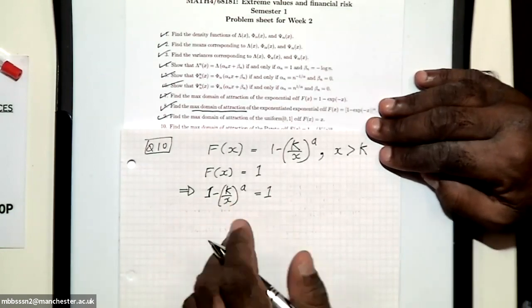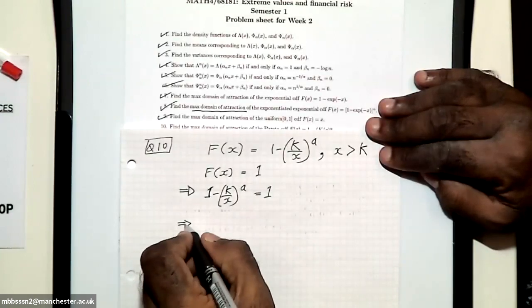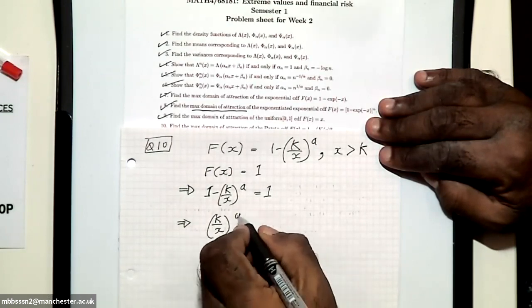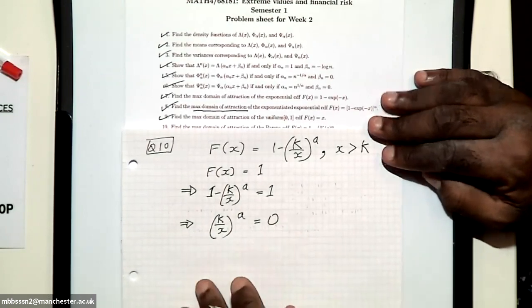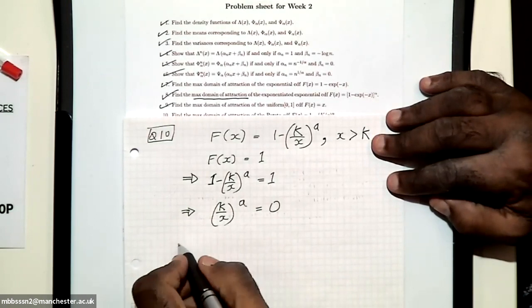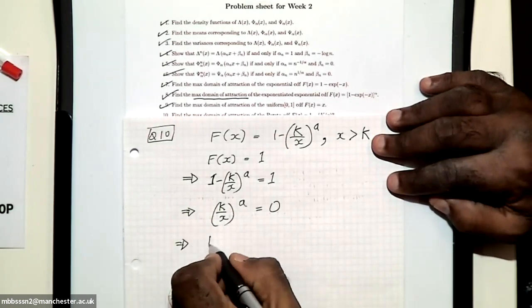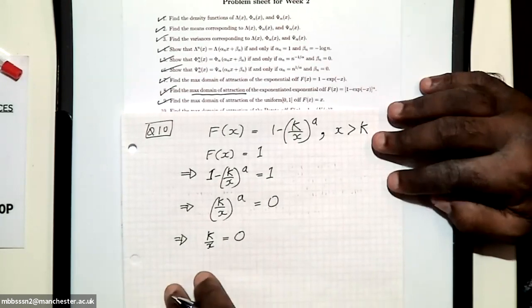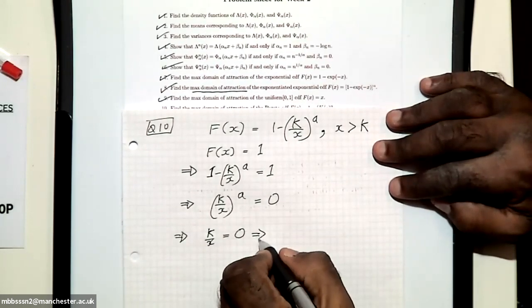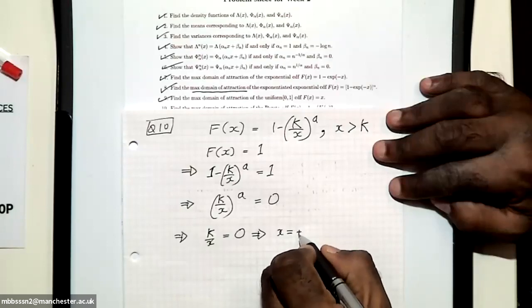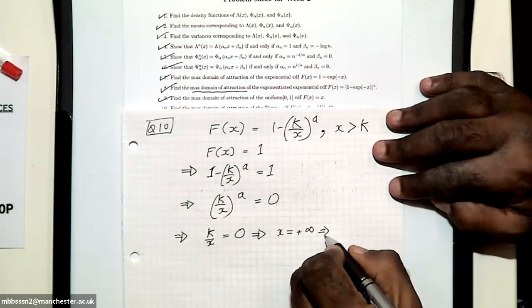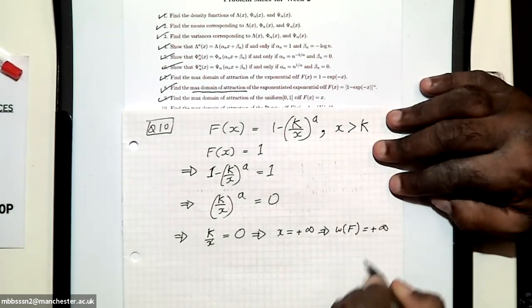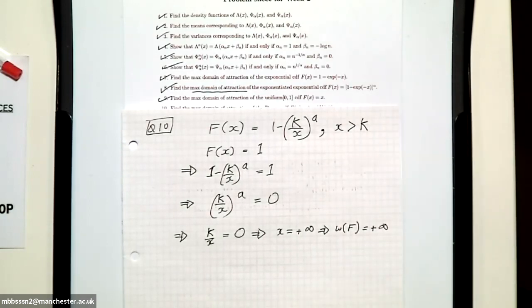The 1 and the 1 cancel, so this implies that k over x to the a equals 0. So x must be plus infinity. So w of F is plus infinity.